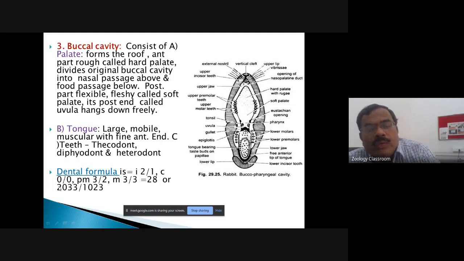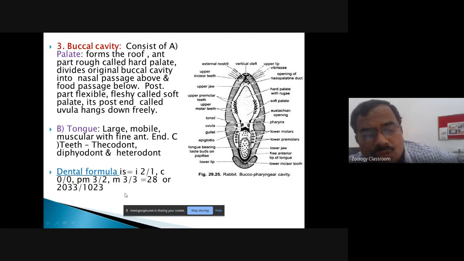If you see the count, 3 plus 3 plus 2, that is total 8. So 8 plus 8, there are totally 16 teeth present in the upper jaw. Consider the lower jaw, that is 5 plus 1, that is 6. 6 plus 6, that is 12 teeth present in the lower jaw.